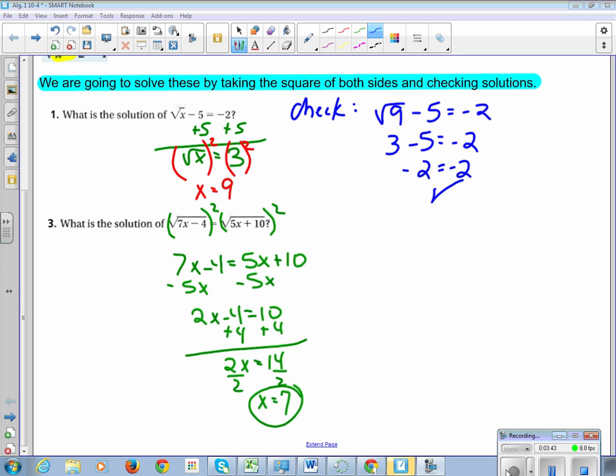Because when I have square roots, we start getting a little crazy. So I'm going to replace x with 7.